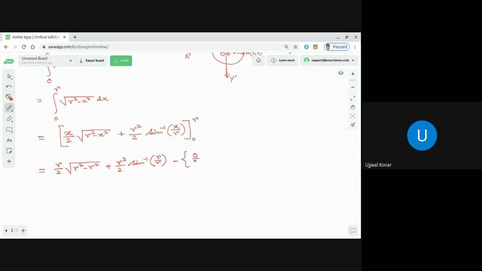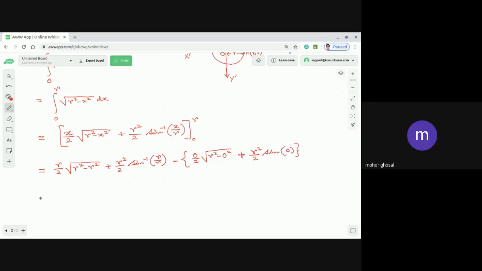Minus 0 by 2 into square root of r square minus 0 square, correct or not? Yes. Plus r square by 2 into sine inverse 0 by r, that is 0.